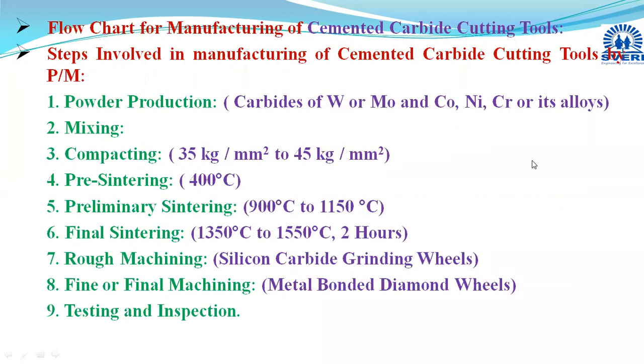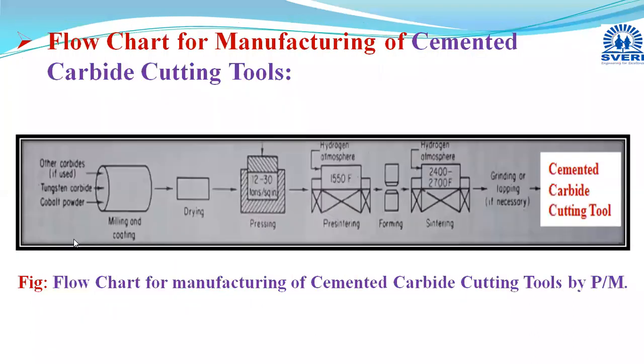These powder particles are obtained and can be easily converted to their respective carbides, and those powder particles are used. Then their uniform and homogeneous mixture is obtained in the mixing stage, which is also termed milling.